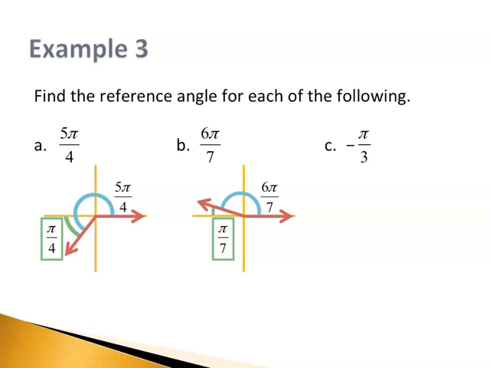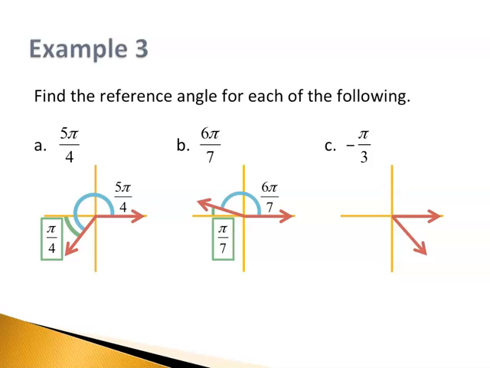All right, last one, negative pi over 3. Now remember, with negatives, that means we are rotating clockwise. So negative pi over 3, 1/3 of pi would be less than 1/4 of a turn. So think of it as, pi is half a rotation, so 1/3 of half a rotation should only take me into one quadrant.